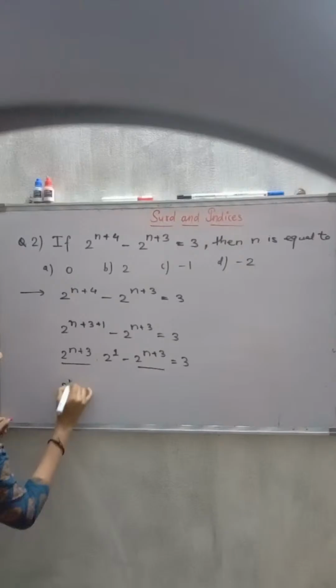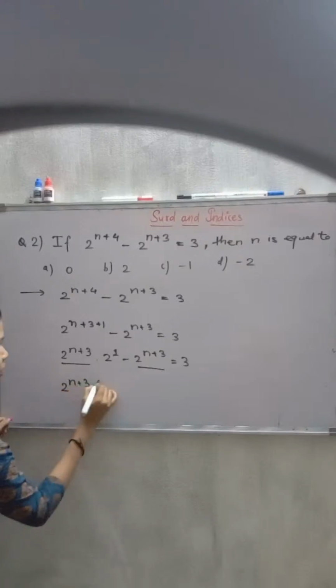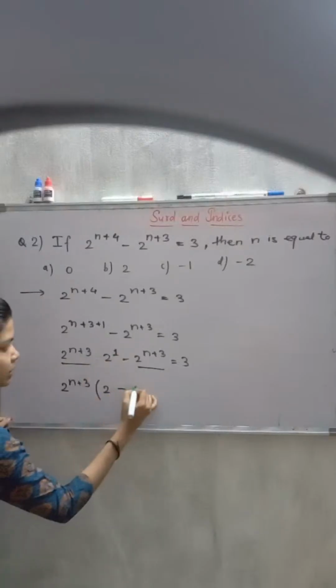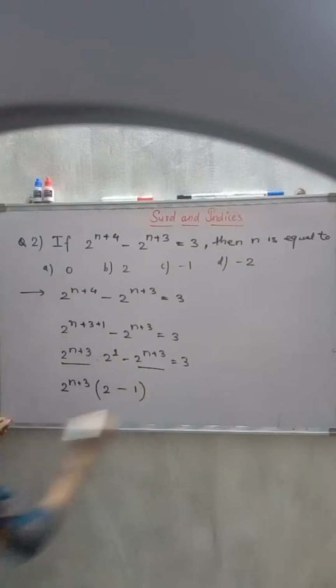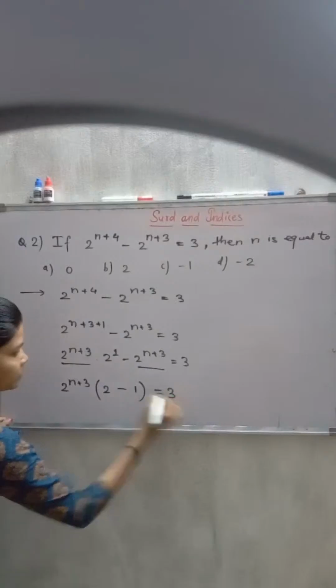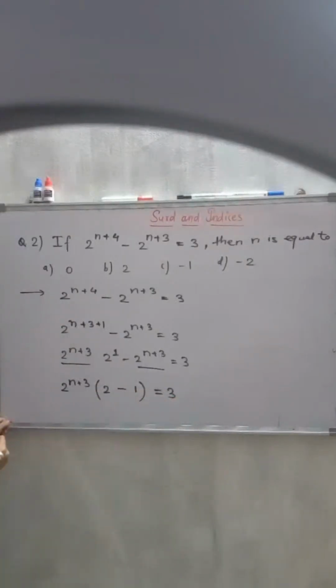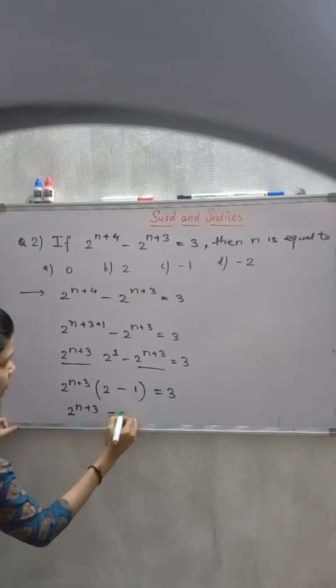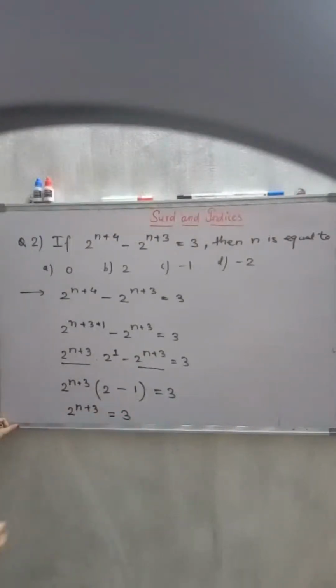So take 2 raised to n plus 3 as common. We will get 2 raised to 1 is 2, minus 1, equal to 3. Now 2 raised to n plus 3 equal to 3.